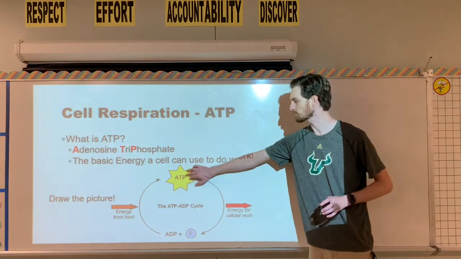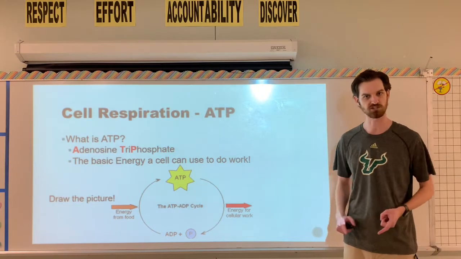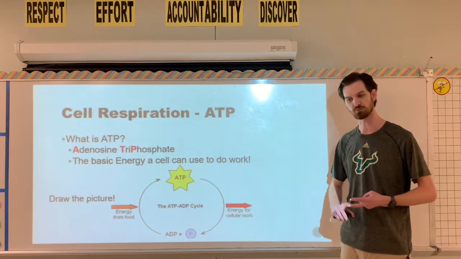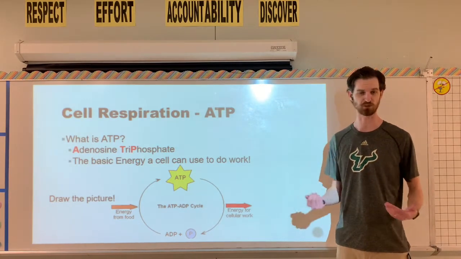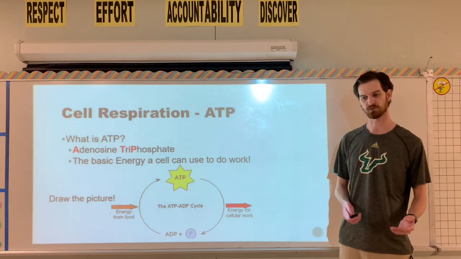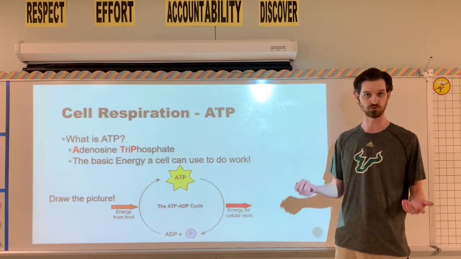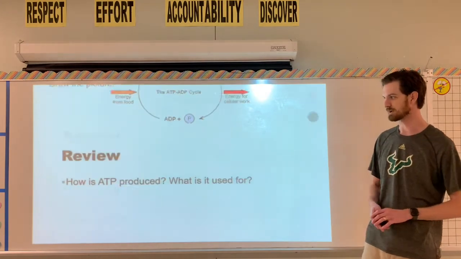Then this can travel throughout the cell to do different cell jobs like transport materials, or build proteins, lipids, or carbohydrates, whatever it needs to build in the cell, because building things requires energy. Maybe it requires energy to transport the cell itself, or even just to do cell division. So there's a lot of things that ATP can be used for in the cell.